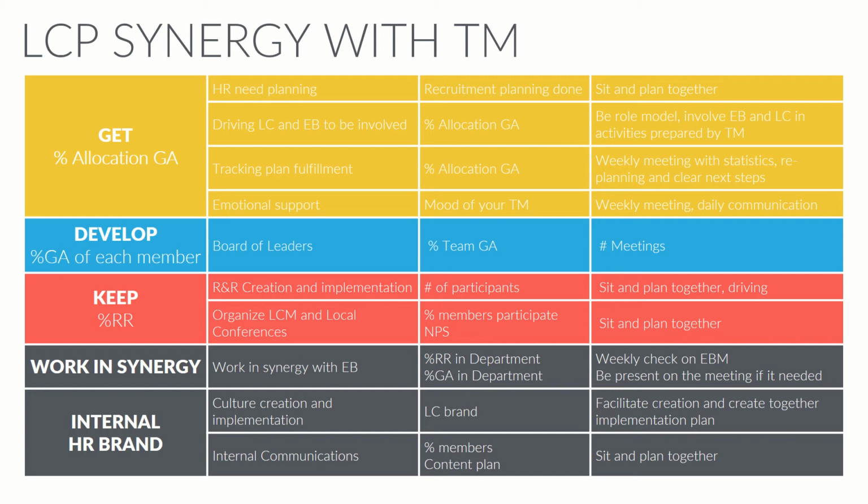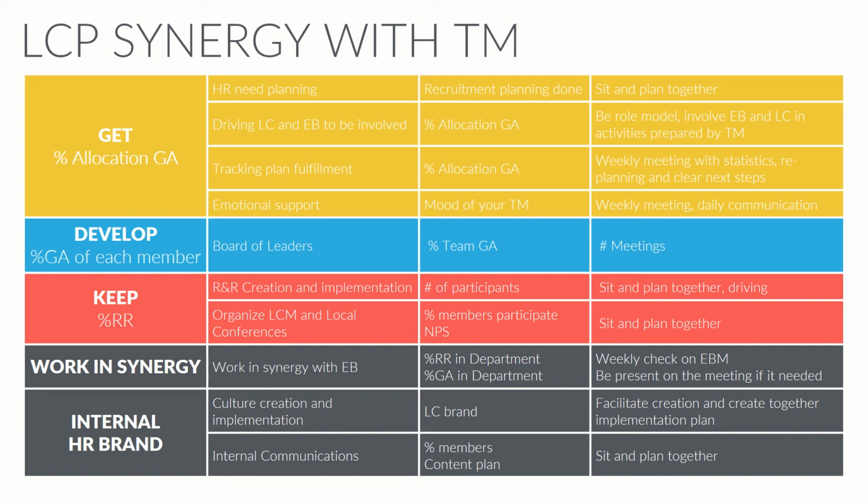In synergy, you just need to be sure that this synergy happened. I really advise you to check this synergy meeting on EBMs. And if you see some misunderstanding during EBM, that TM are not aligned with operations or they have questions to each other or they start to fight, you need to be sure that they will discuss this topic on the synergy meeting.